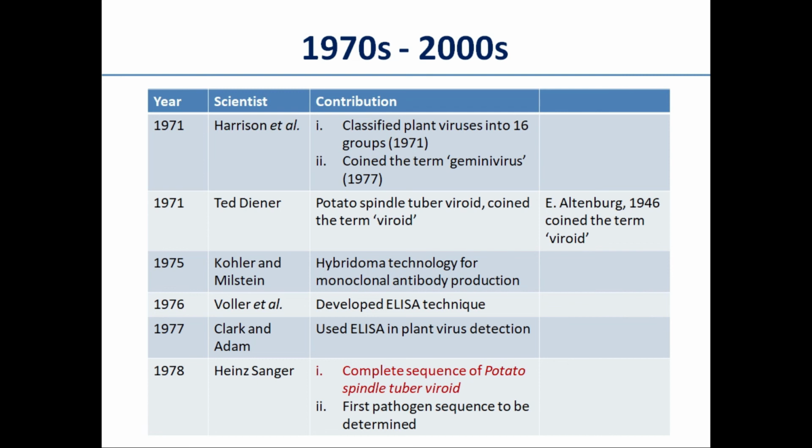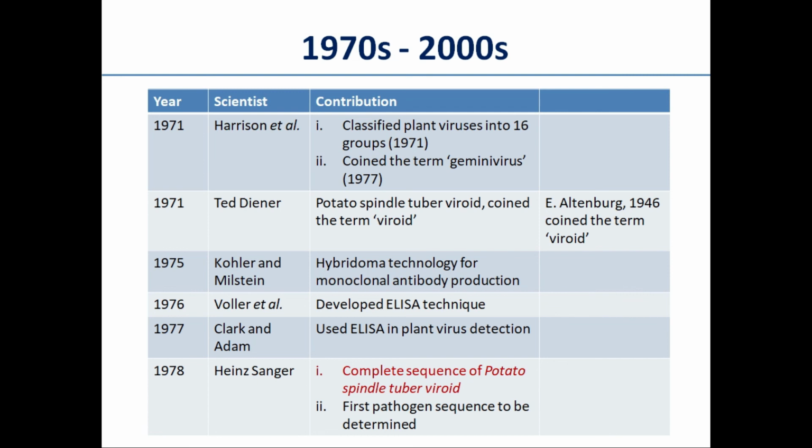Then Kohler and Milstein invented the hybridoma technology for monoclonal antibody production. The ELISA technique was discovered. Then this ELISA technique was used for plant virus detection in the year 1977. Then H. Sanger first sequenced the genome of potato spindle tuber viroid.